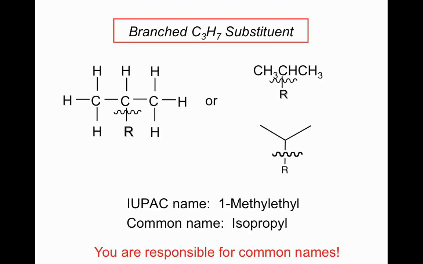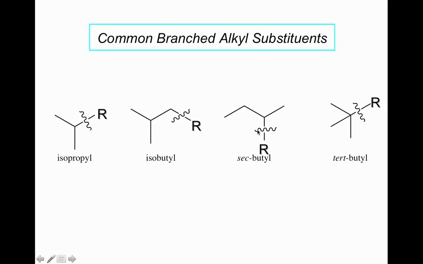So for example, the branched propyl substituent that's listed on this slide with 3 different representations has the IUPAC name 1-methylethyl, but the common name isopropyl. You are responsible for the common name isopropyl of this alkyl substituent. In fact, on this slide I've included the 4 most common branched alkyl substituents that you will see in this course.